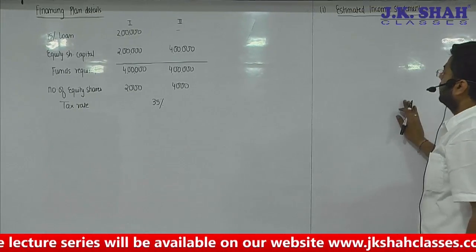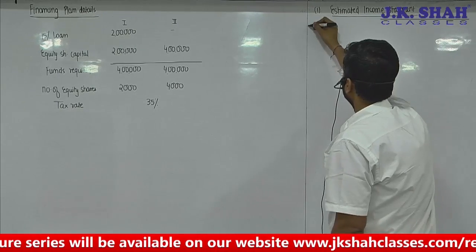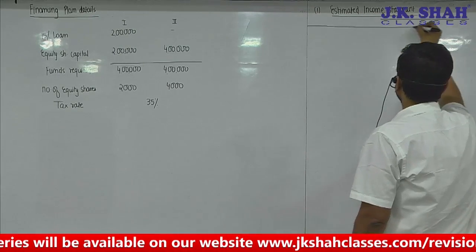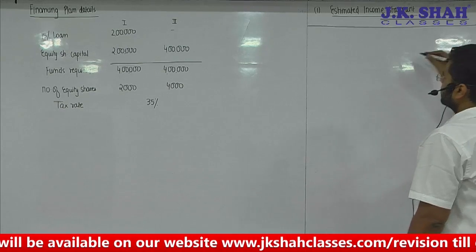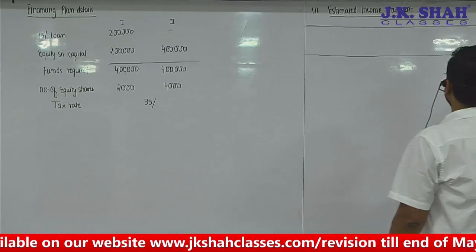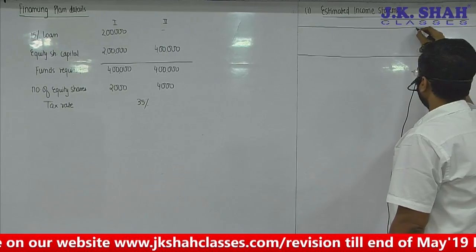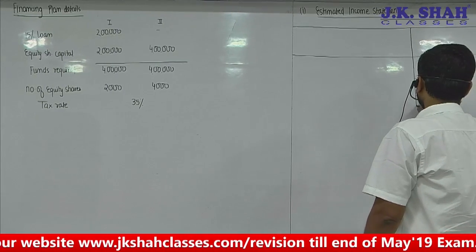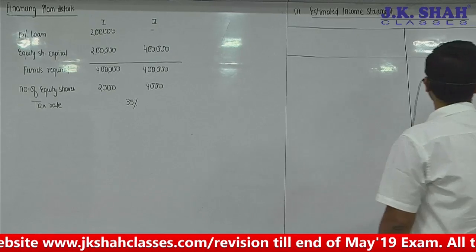Now, the question says you assume that the EBIT could be either 70,000 or 80,000. Which plan would you recommend and the reason for that?